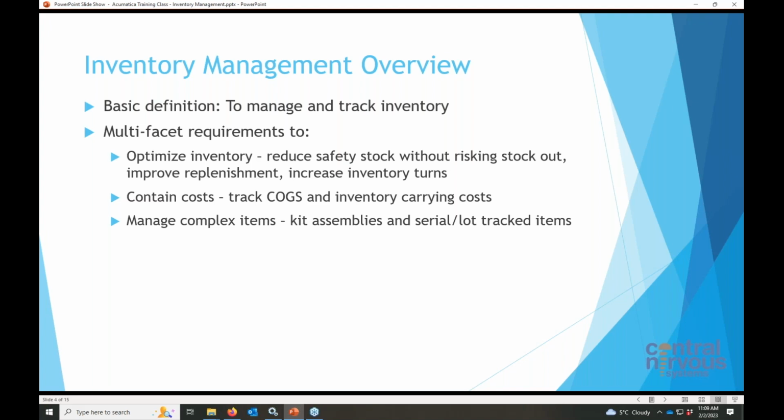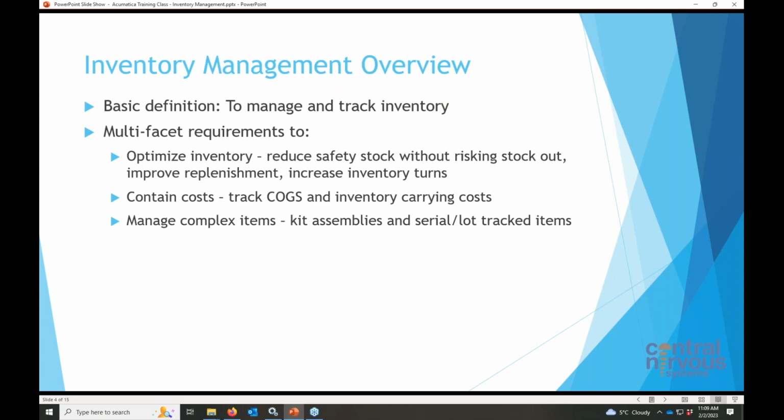And then adding some complexity to inventory management, we will be looking at things like kit assemblies or bills of material, making sure that our ratios within those assemblies are accurate, so that we don't experience inventory imbalances when completing those kit assemblies.